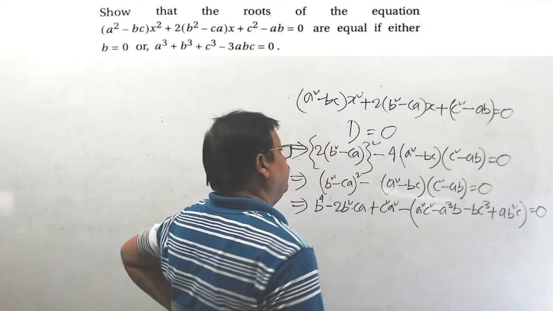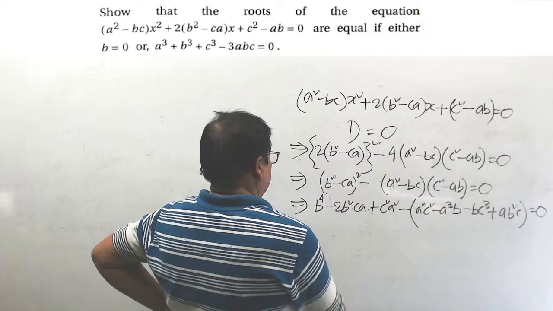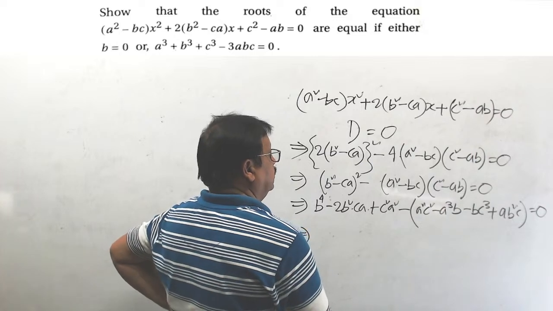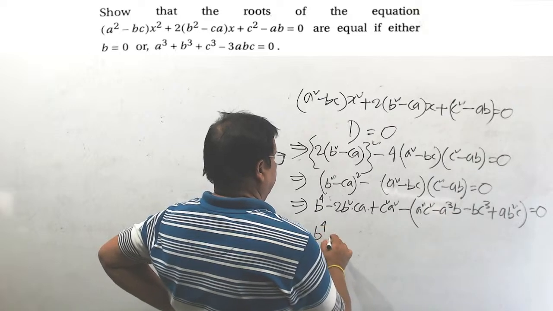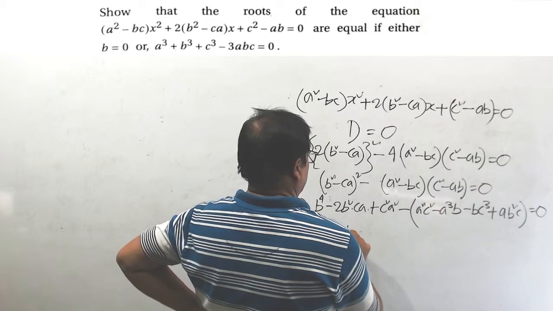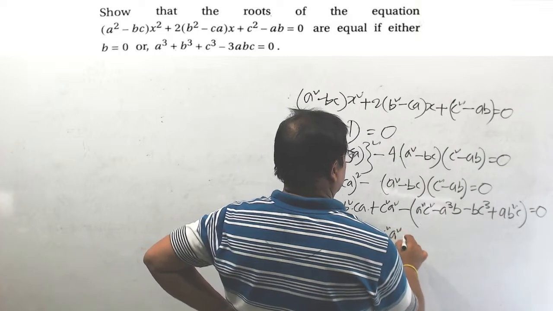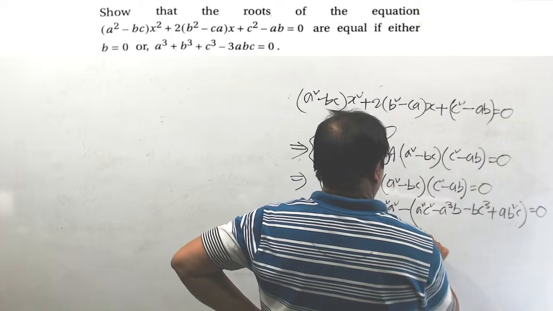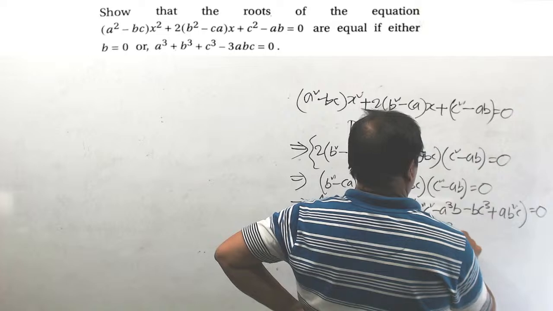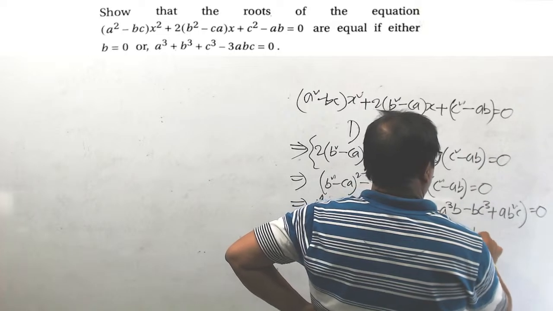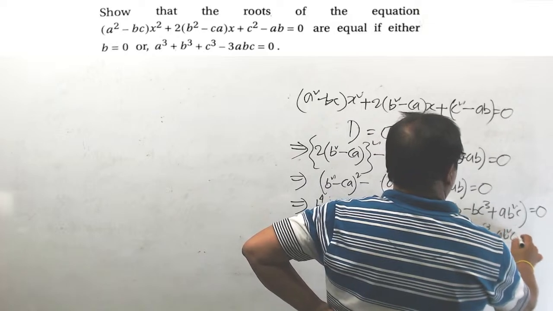Understood? This implies b to the power 4 minus 2b square ca plus c square a square minus a square c square plus a cube b plus bc cube minus ab square c equals to 0.